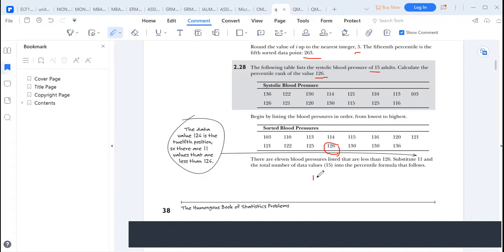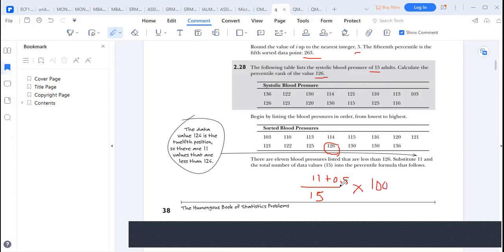So you put 11 over the 15. But since this was a 12th number, which was an even, we add a 0.5 there. Then we multiply times 100. Okay.